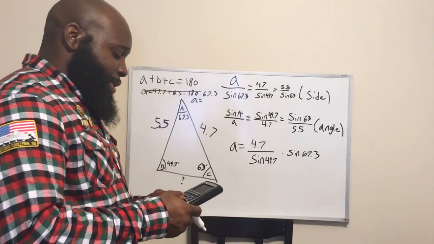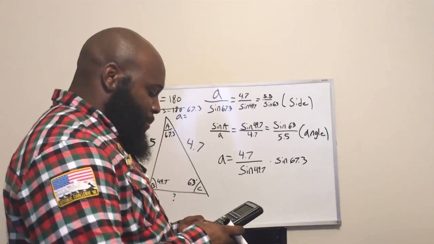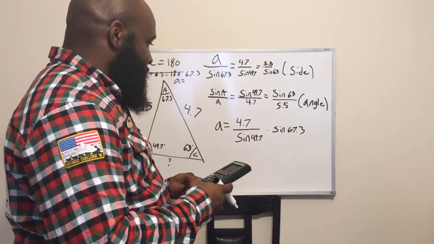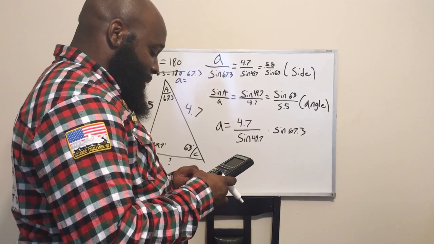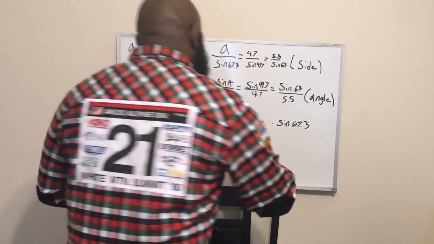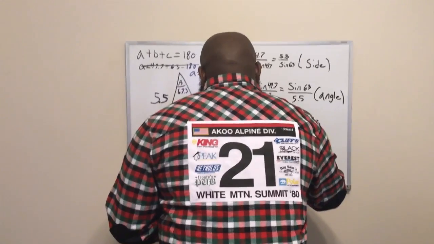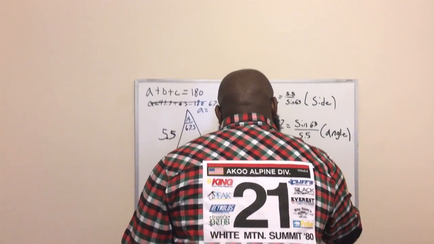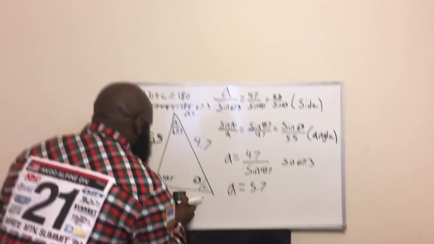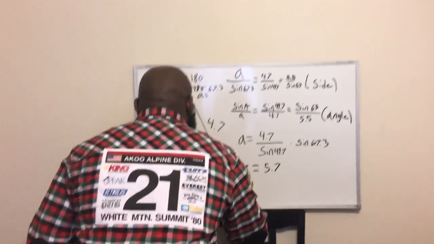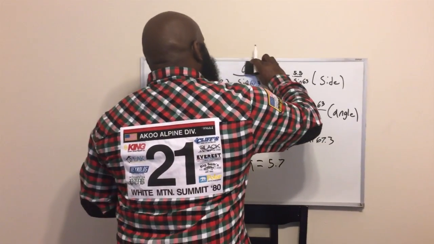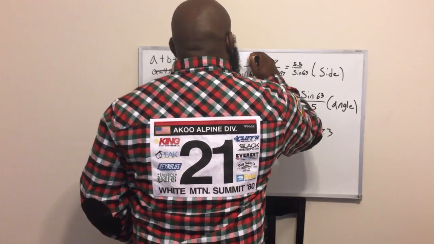So get our calculators out. 4.7 divided by sine 49.7 times sine 67.3. And what do we have? We have A is equal to 5.7. All right. So our missing side is 5.7. And that completes the triangle.